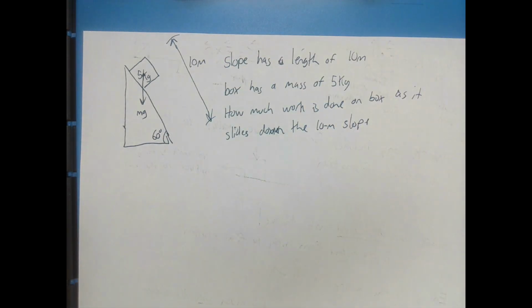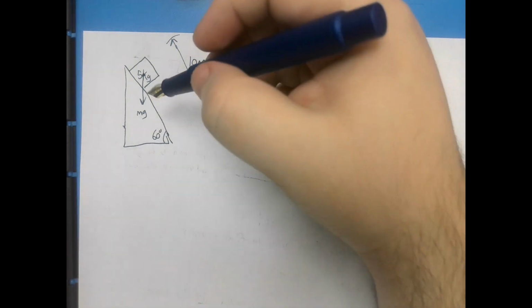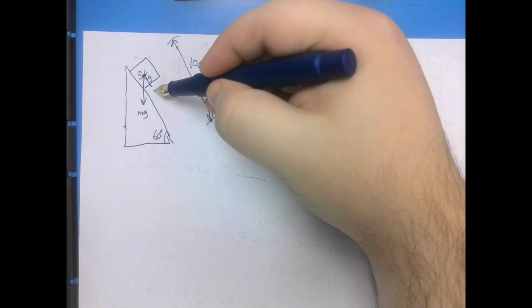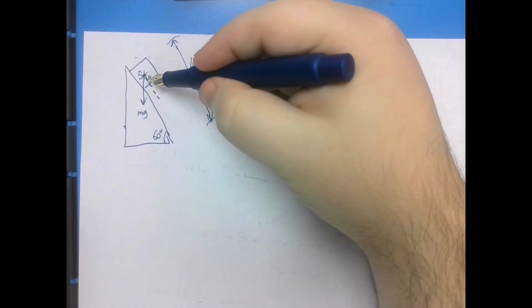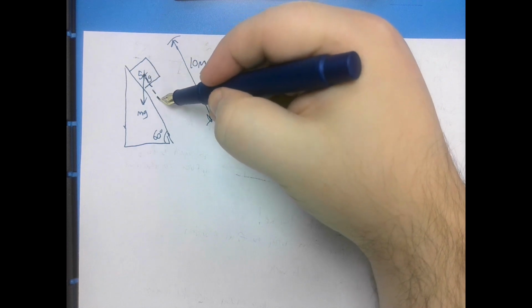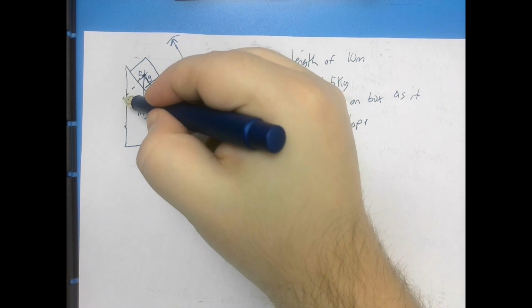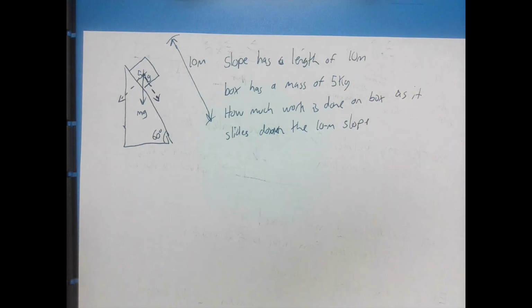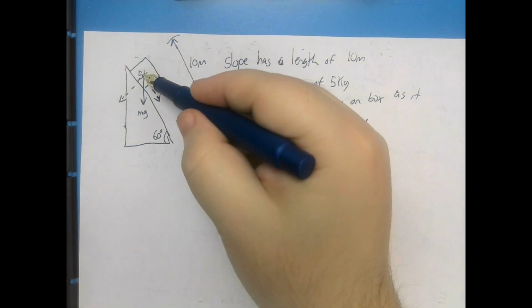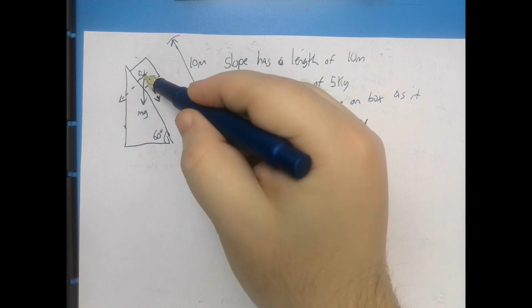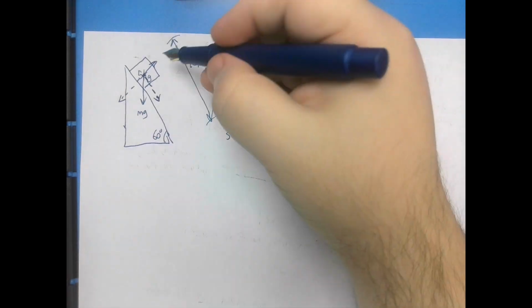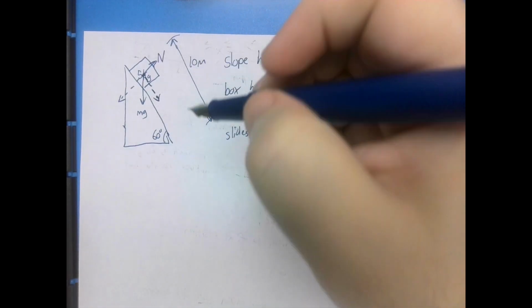And we can break this up into component vectors. So we have a component vector pointed in this direction, and a component vector pointing in this direction. We also have a normal force. I'll just put it on the center of the box. We have a normal force pointing upward. So this would be the normal force.